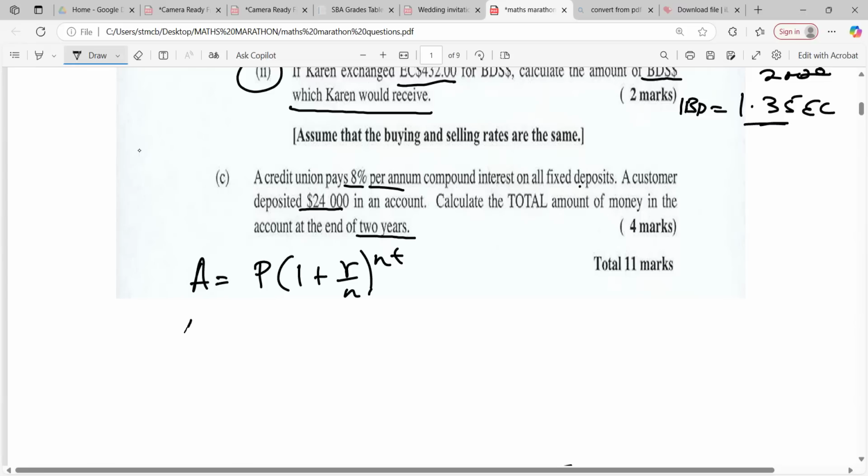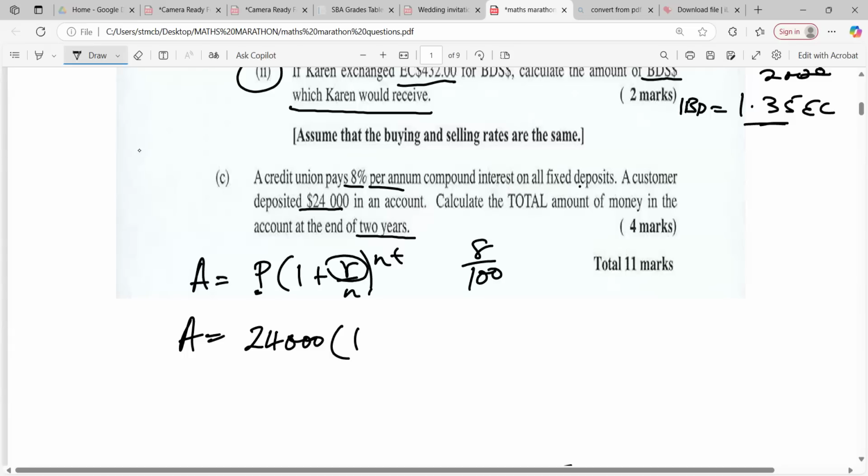All right. Now they gave us the principal, but you have to read and know it, guys. They say the customer deposited 24,000, so this represents the P. So you put your 24,000 times 1 plus the rate. This can be a little tricky because it's 8%.